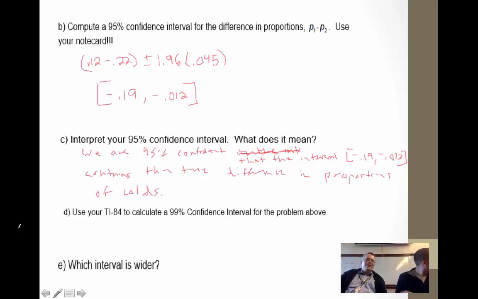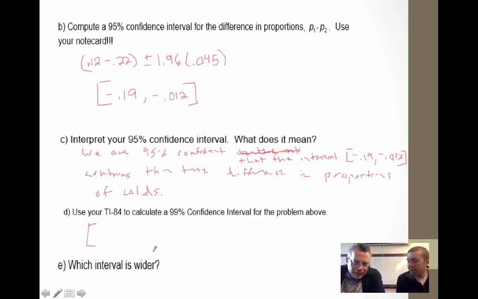All right. Use your TI-84 to get a 99% confidence interval. I don't know if I remember all the numbers here. You've got to go Stat, Tests, and remember B: 2-PropZInt, two proportions, a Z interval based on the normal curve. The first thing you need is X1, and I think it was 17 out of 139.